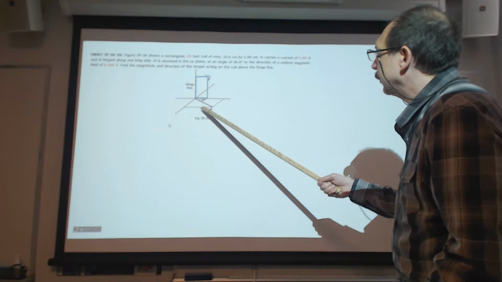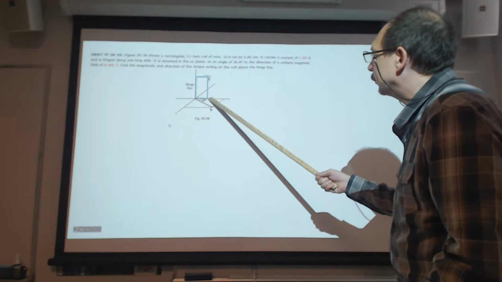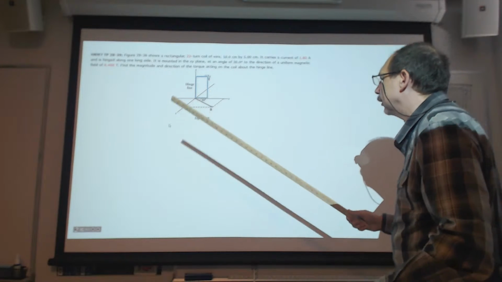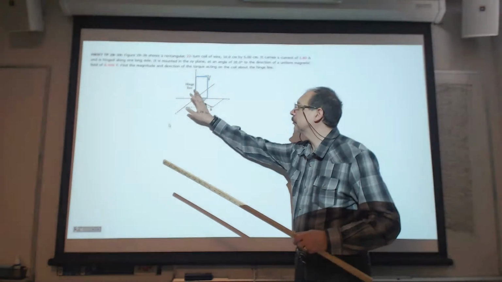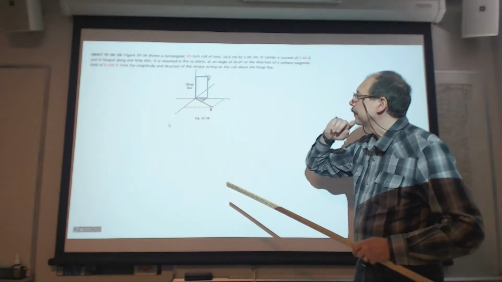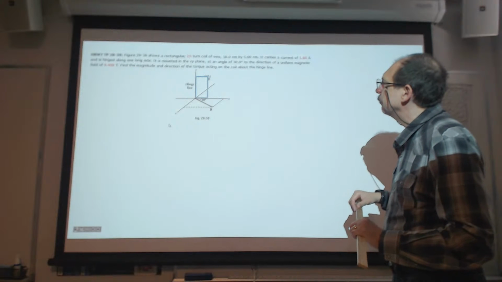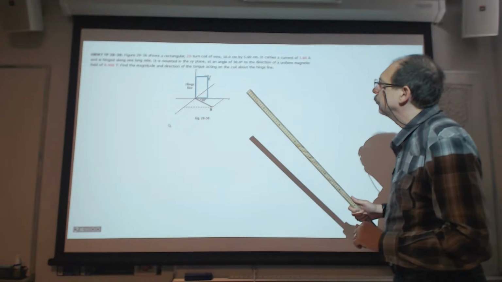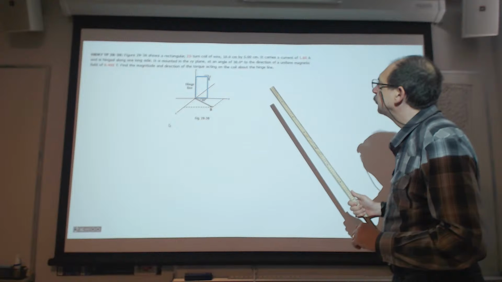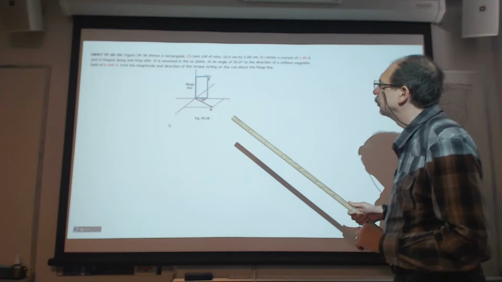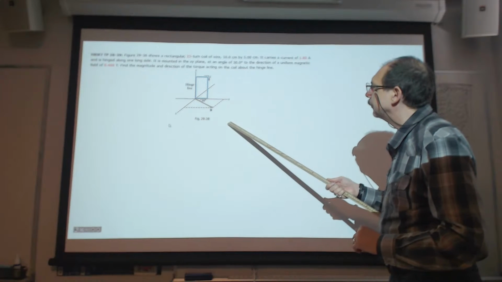Now, this loop might rotate about the vertical axis this way or that way. And the magnetic field, how does it point? Oh, here, that's the magnetic field.